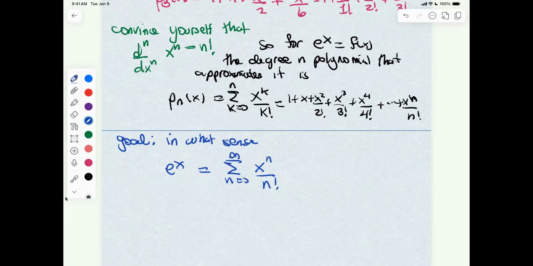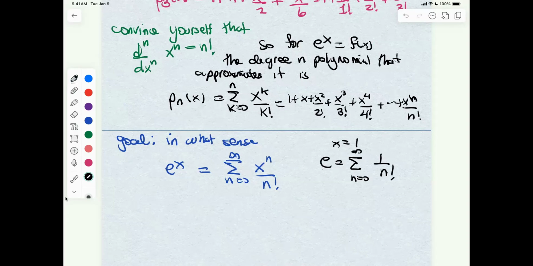For example, if you take x equals 1, which is nicer, you get e to the 1, which is just e. So you would get that e equals the series of 1 over n factorial, which is actually true. So that's the type of thing that we have to analyze.